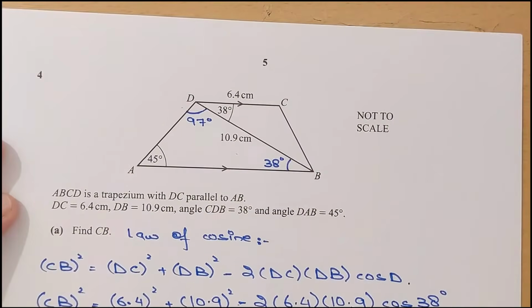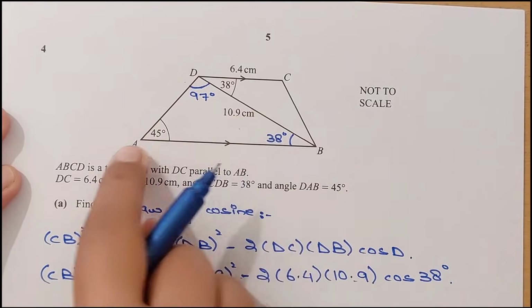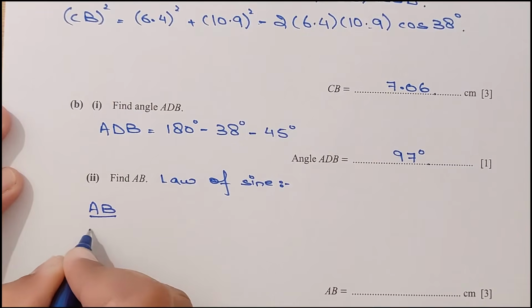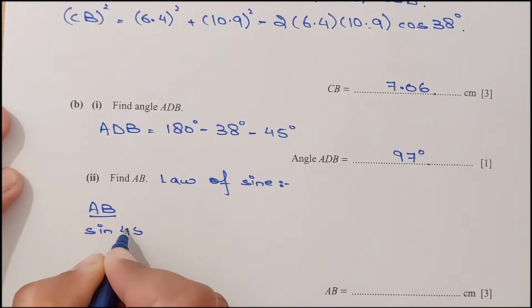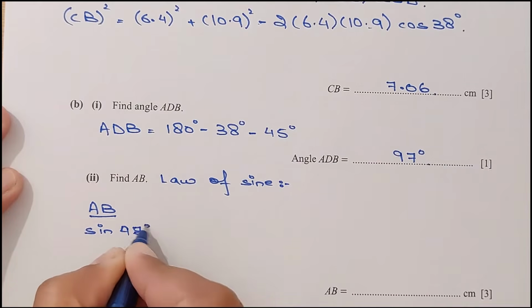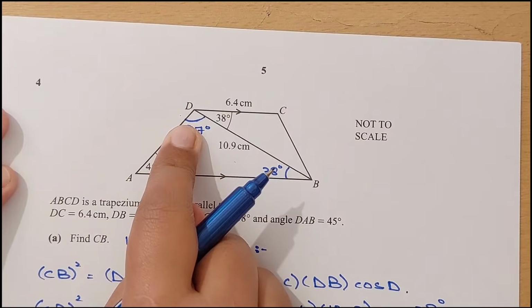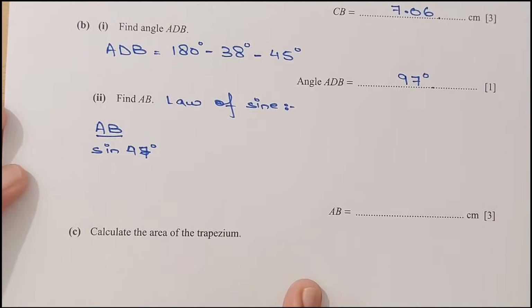So we have to find AB, its opposite angle is given, and we can use this side because its opposite angle is mentioned, right? So AB, and its opposite angle is 97, equals 10.9 and its opposite angle is 45, right?